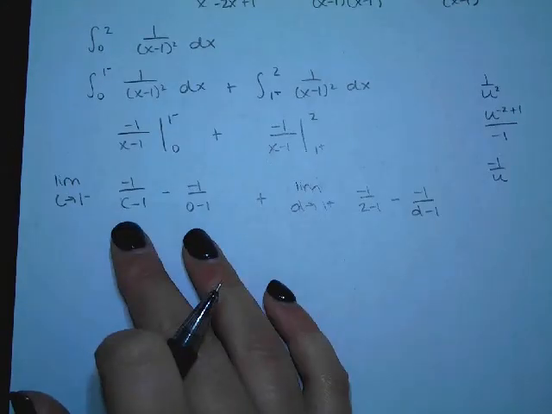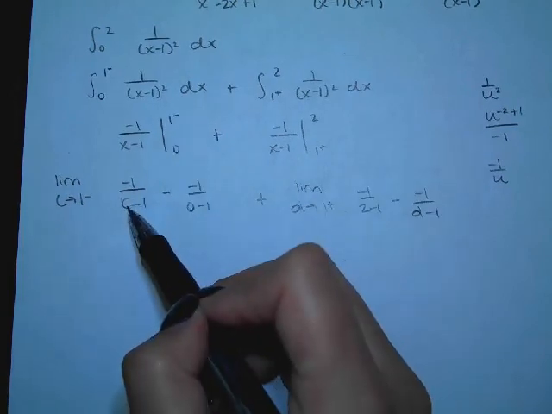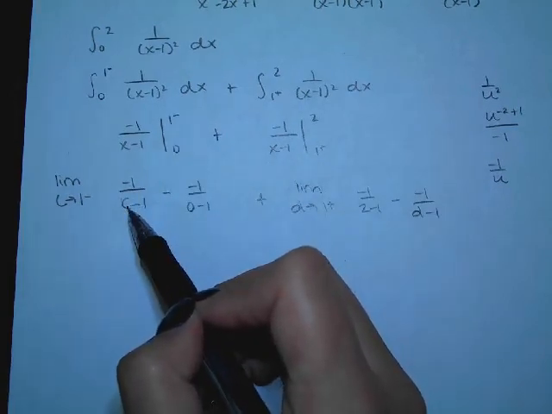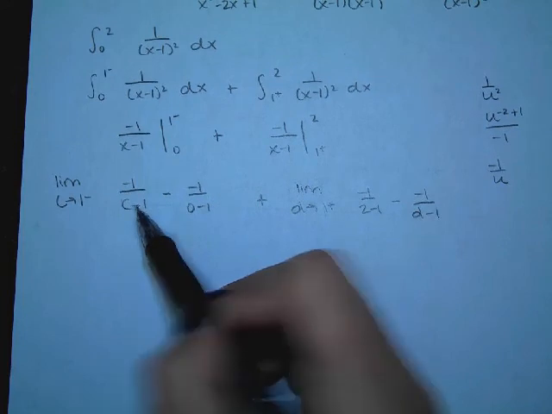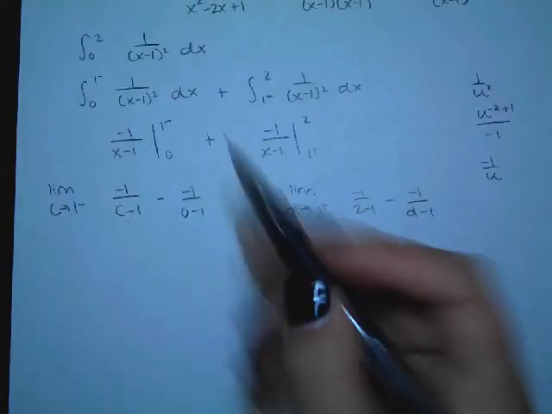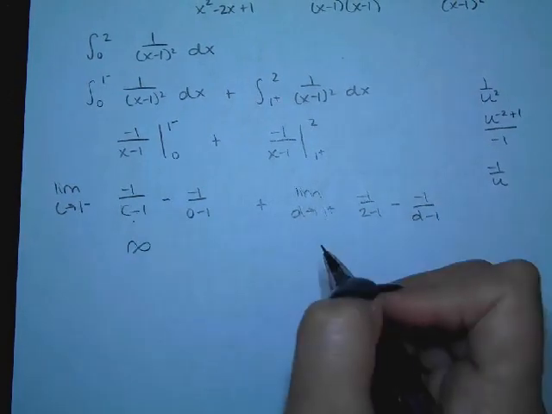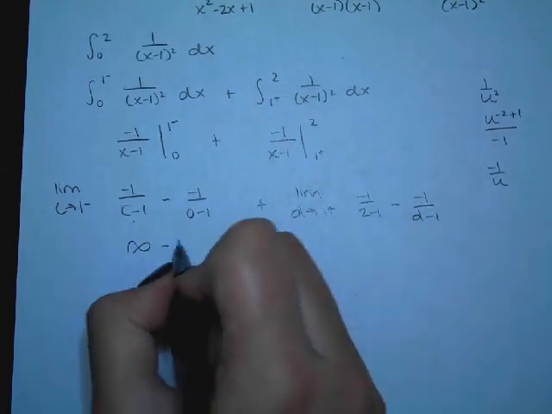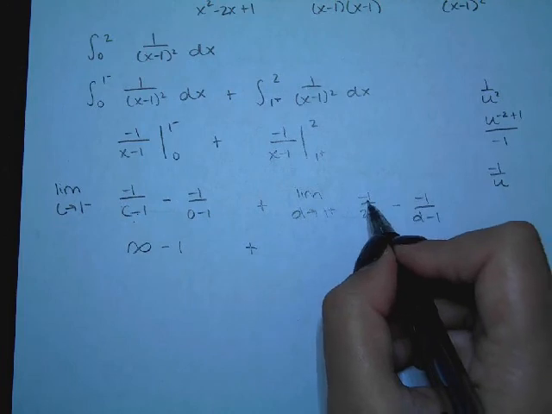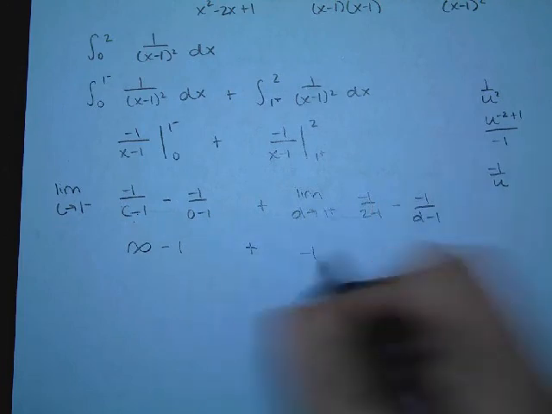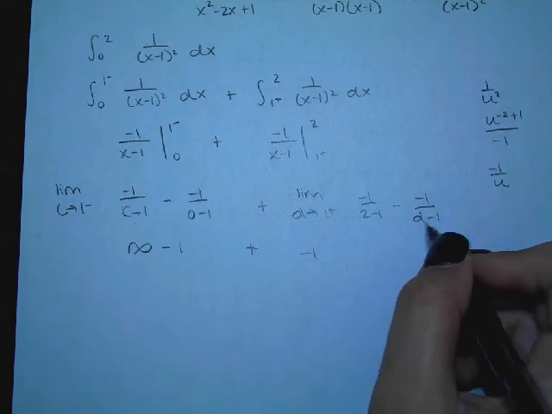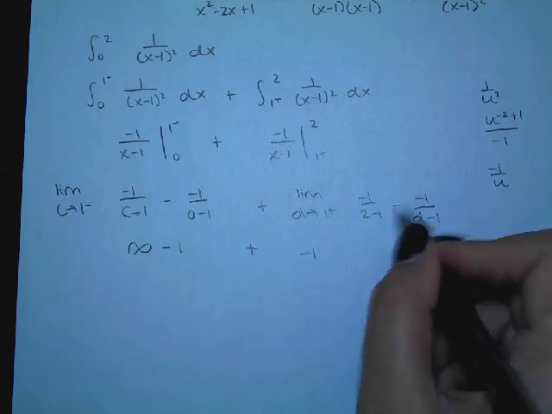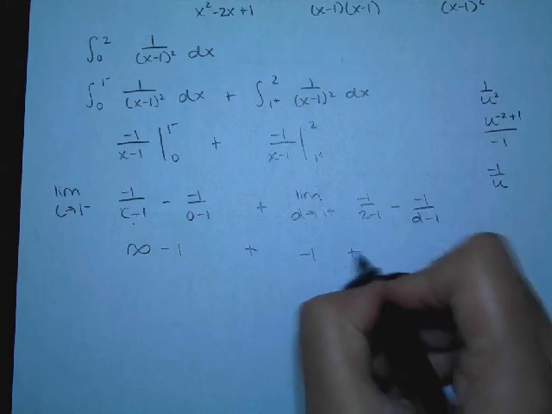So what happens here is, if you have 1 from the left, that's like 0.99999. So you have a 0 on the bottom that's slightly negative. So you have a negative 1 divided by a 0 that's slightly negative. That's a positive infinity. Minus 1 plus negative 1. And then your d value is a positive 1. So this is a slightly positive 0, positive 1 on the top. So that's another positive infinity.